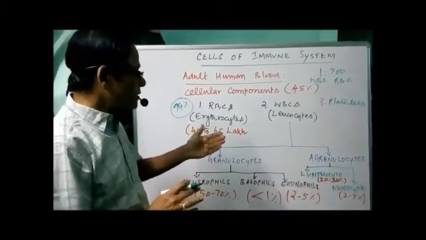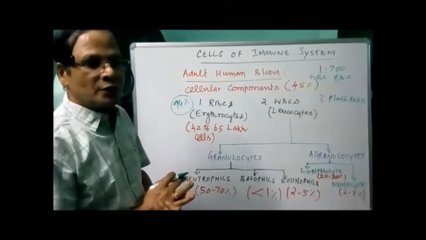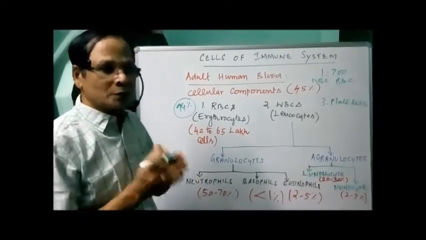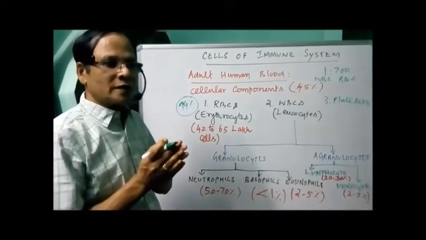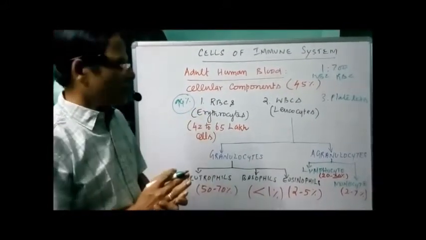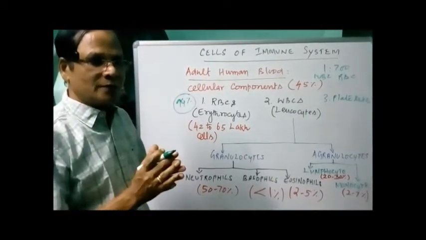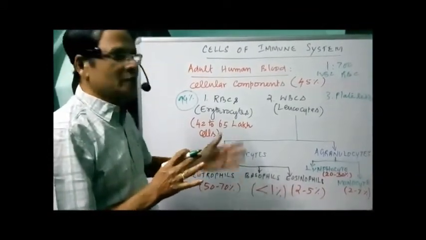Among the various types of cells, the lymphocytes are capable of producing an immune response and reacting with the antigen. So we have to study the lymphocytes, the major type, first, and then go for the functions of other types.